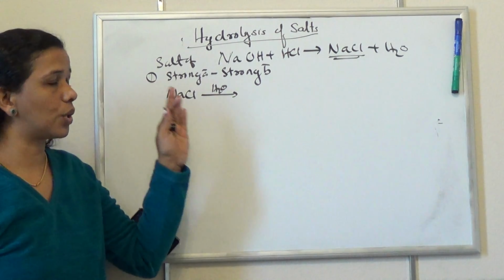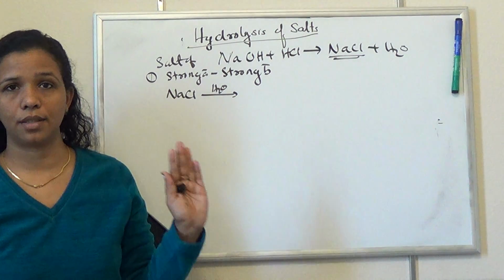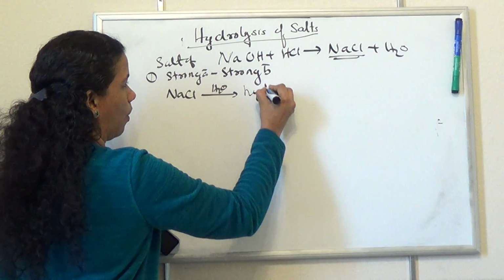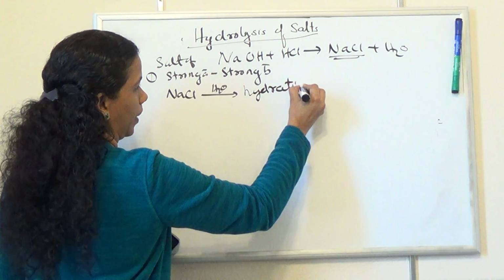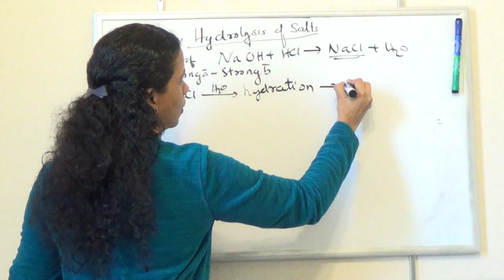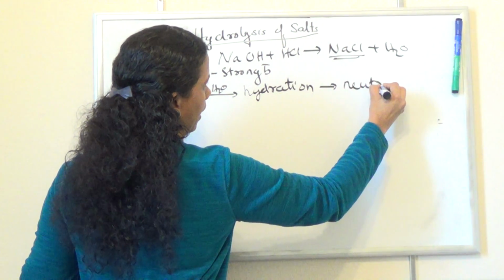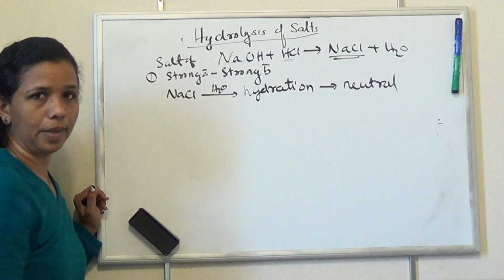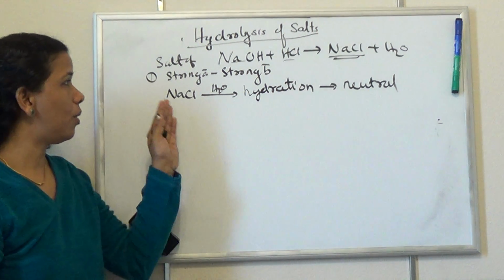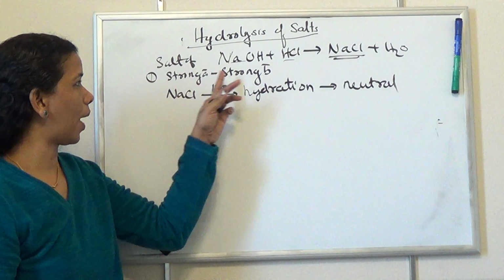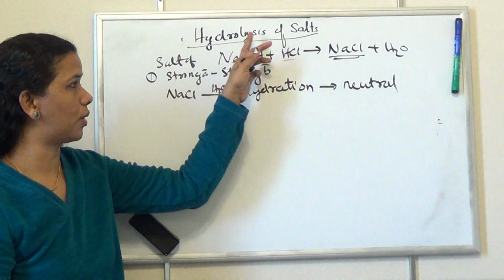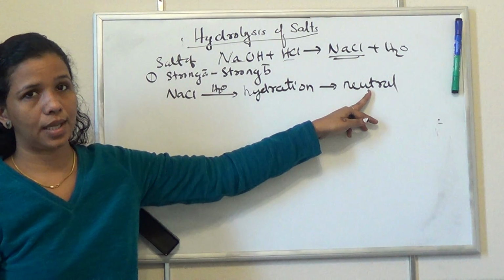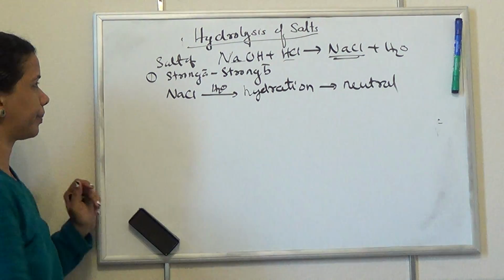So all salts of strong acid and strong bases will simply undergo hydration. So their solutions will be neutral. They will not form acids or bases. So for all salts of strong acid and strong base, on hydrolysis, the resultant solution will be neutral. Their pH will be 7.